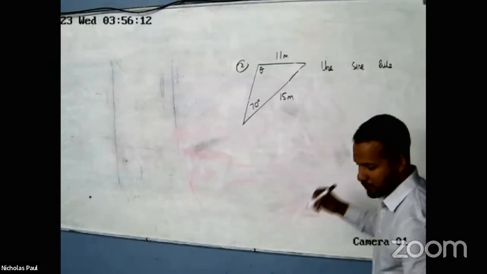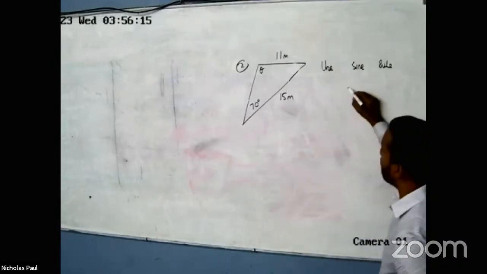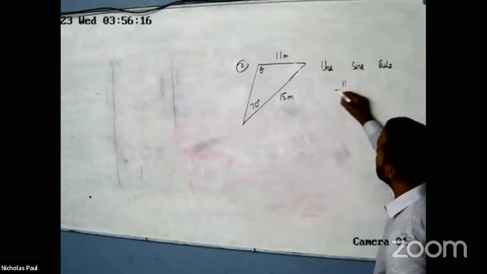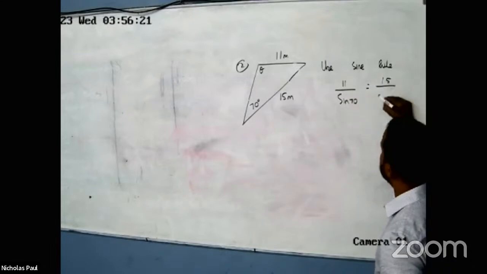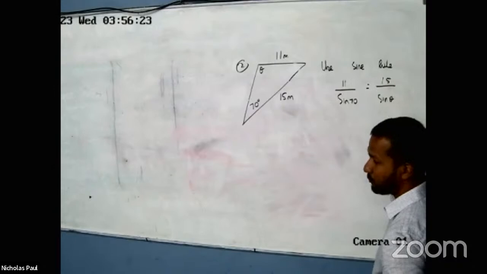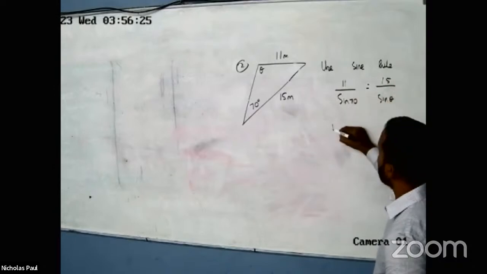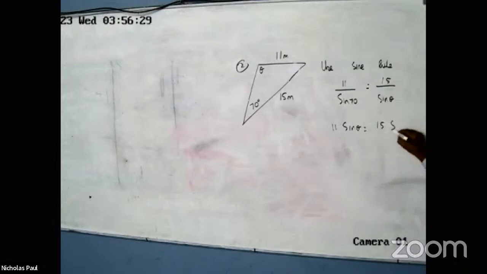Alright, so we just make sure that you do the right steps, right? So it's 11 over sine 70 is equal to 15 over sine theta. Cross multiply, you'll get 11 sine theta is equal to 15 sine 70.